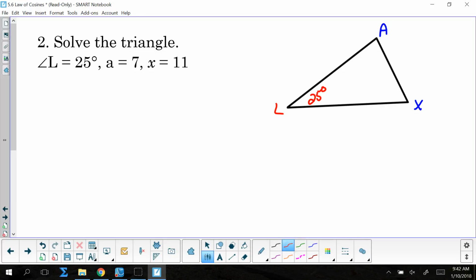So then side A would be 7, side X would be 11. We're in a side angle side case again. That's law of cosines. Okay? So, again, I didn't memorize the law of cosines. I memorized the pattern. Okay? If you needed to put B over L and C over X and then go with that, that's fine.